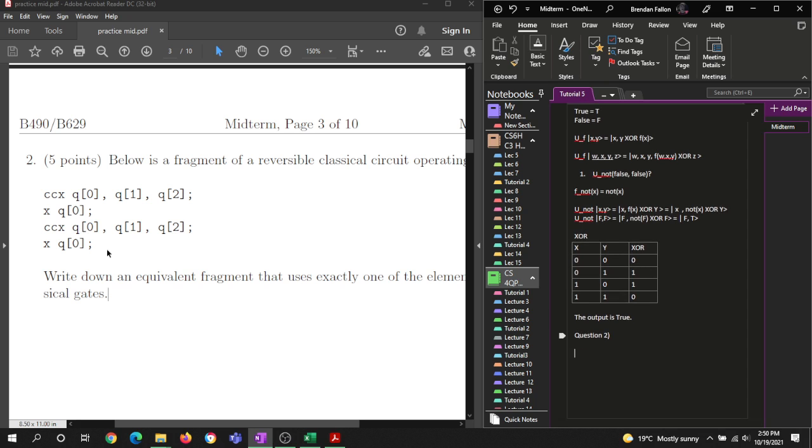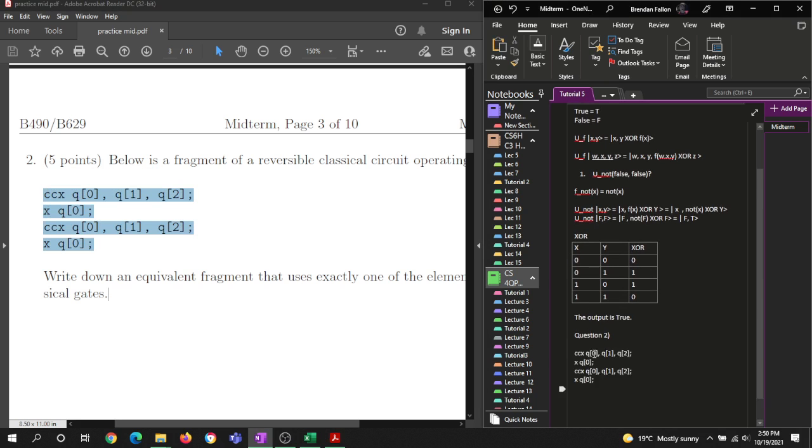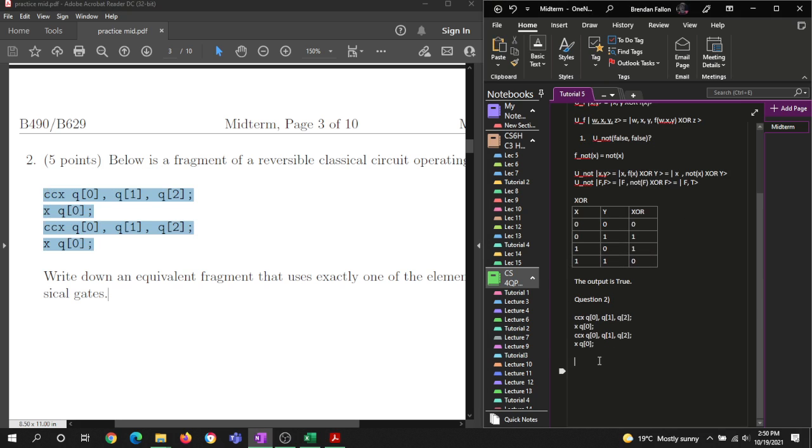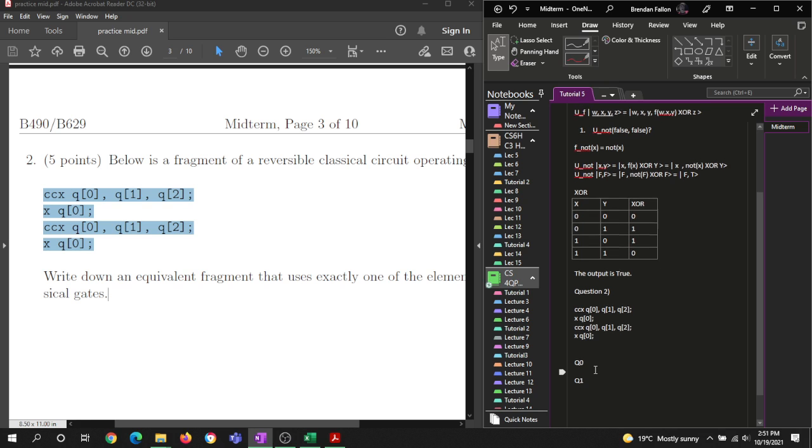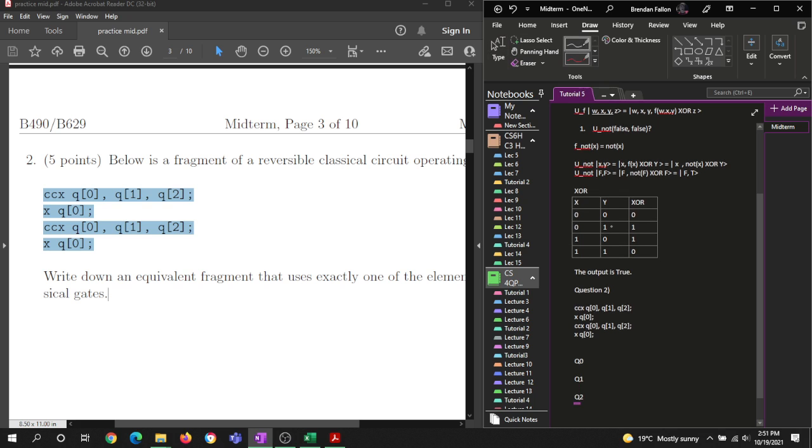Okay, so let's copy this in here, and then we will do the lines. Sorry, I'm using OneNote, so it's a little messy, but hopefully you get the idea. I'm going to call these Q0, Q1, and Q2. So these are my lines, and I will draw them out as best I can.